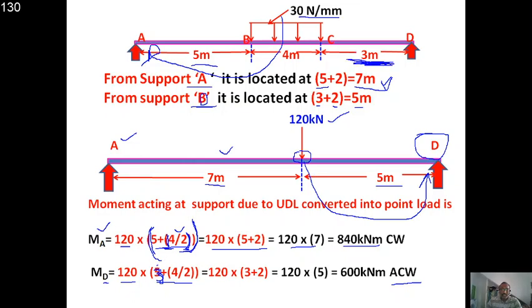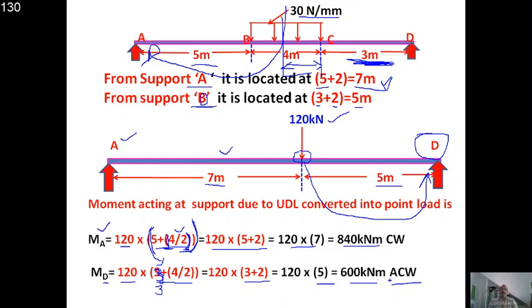So it should be 3 plus 4 by 2. Here it is 4 by 2. So just add all those distances, you will get 3 plus 2, that is 5, then it will be 600 kilonewton meter.